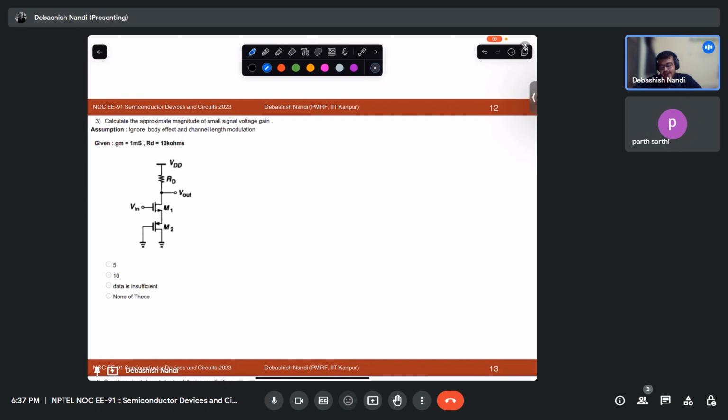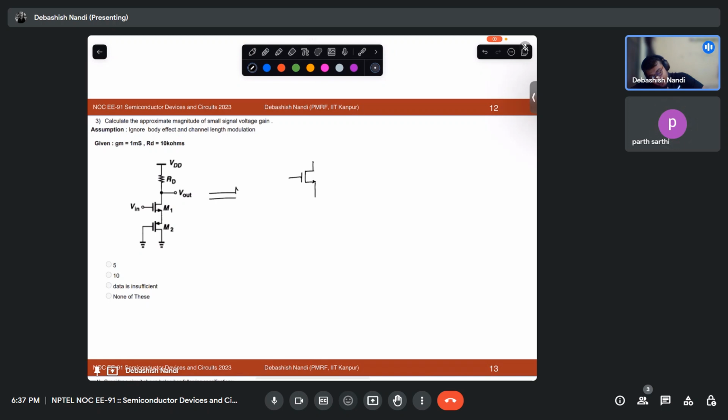Calculate the approximate magnitude of the small signal voltage gain. How will you do that? First thing is to draw the small signal equivalent. So this is an NMOS.